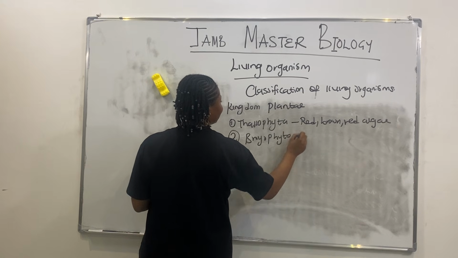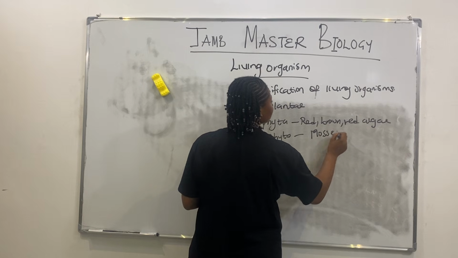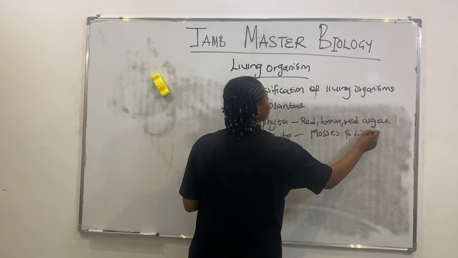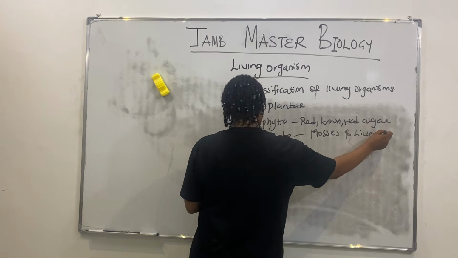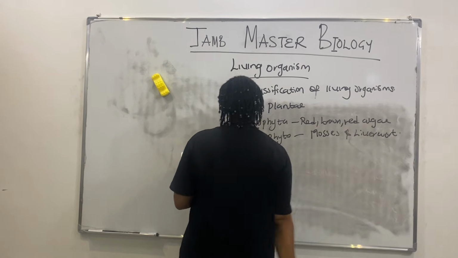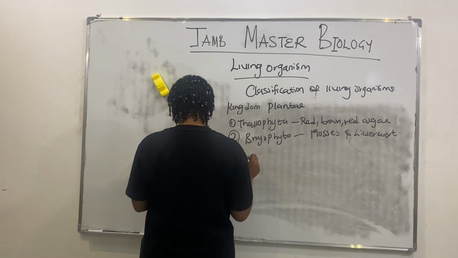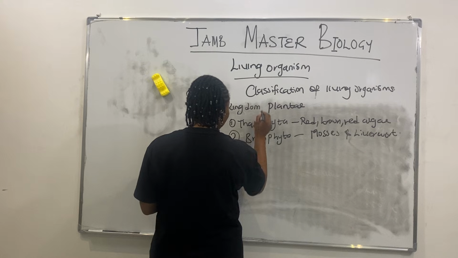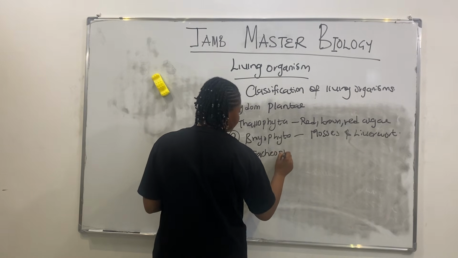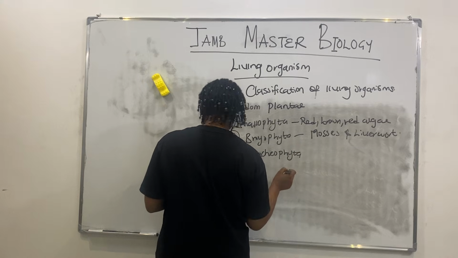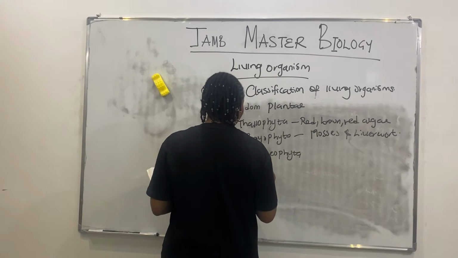Under Bryophyta, the examples we have are mosses and liverworts. Then we have the true plants, which are under the division of Trichophyta. Under this Trichophyta, they are also called vascular plants.